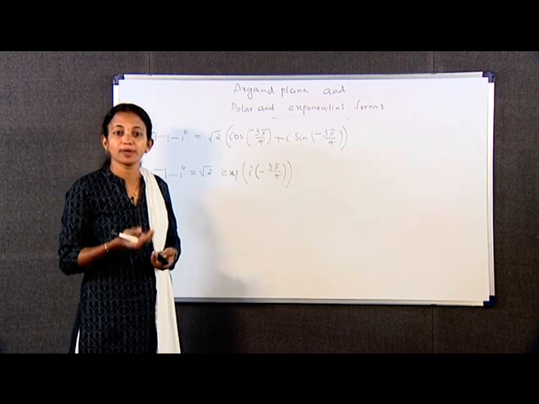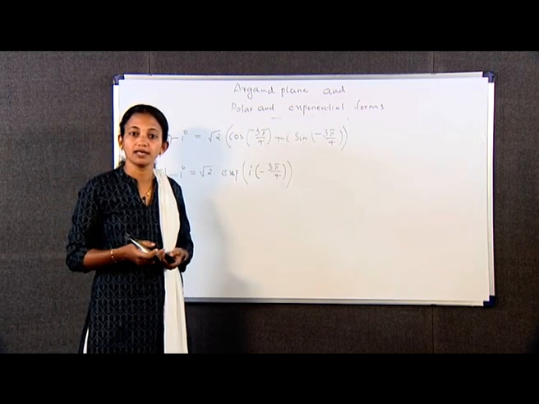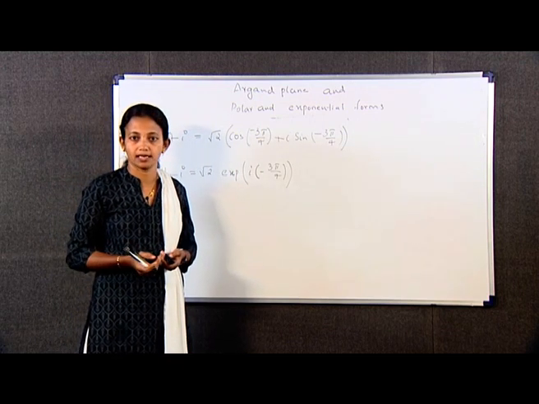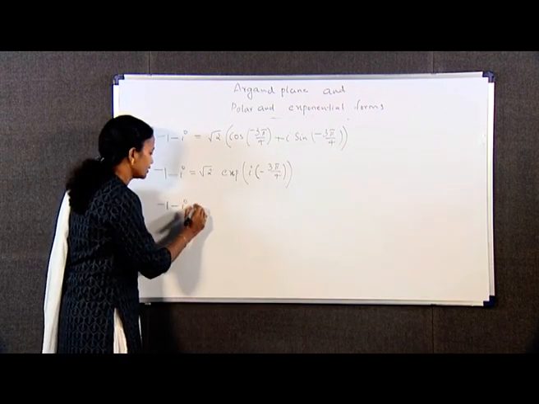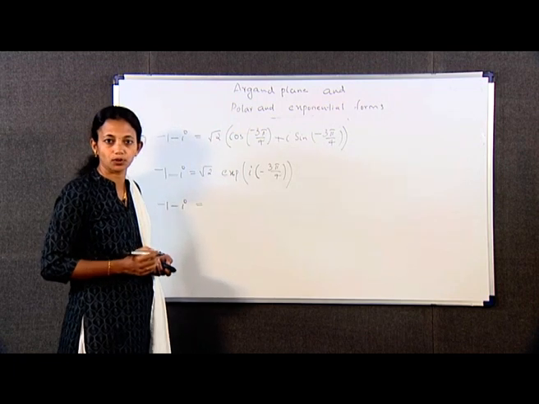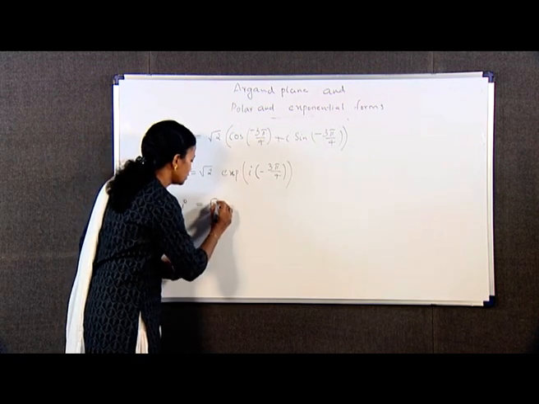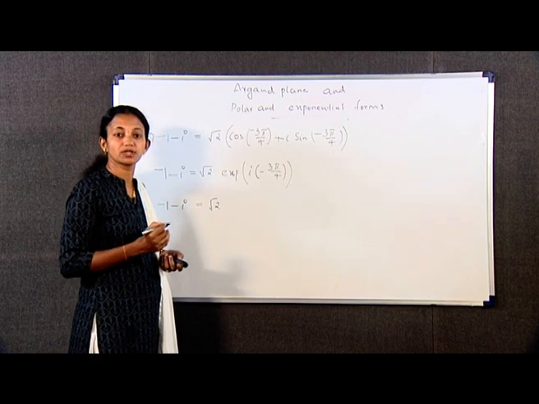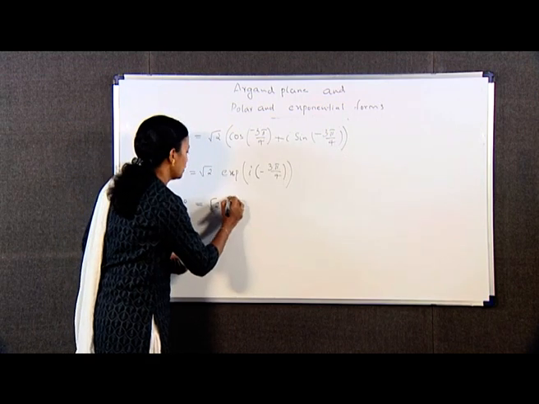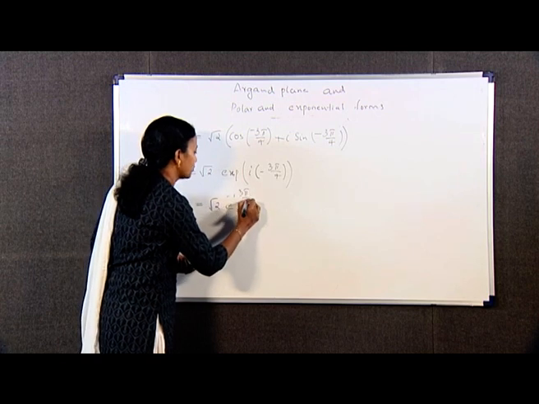As e raised to minus I theta is equal to e raised to I into minus theta, this can be written as minus 1 minus I is equal to square root of 2 into e raised to minus 1 into 3 pi by 4.